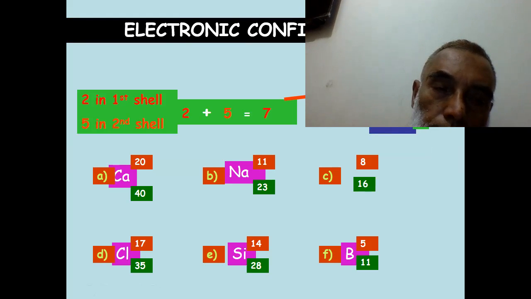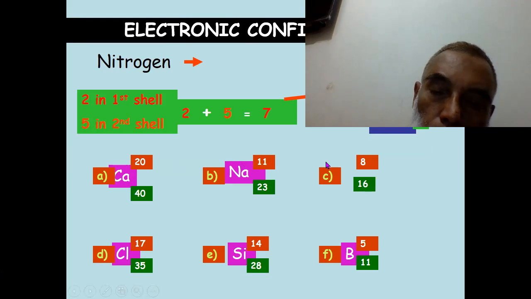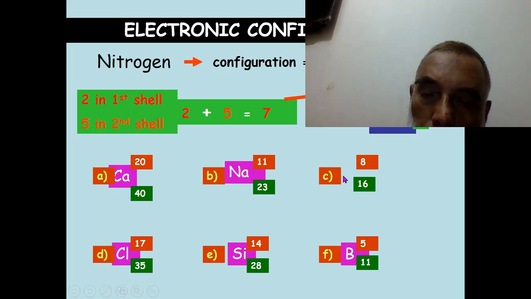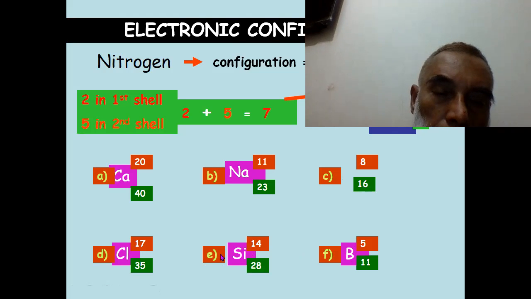The electronic configuration of different elements like calcium, sodium, oxygen, chlorine, silicon, and boron is mentioned here. Calcium has 20 electrons.